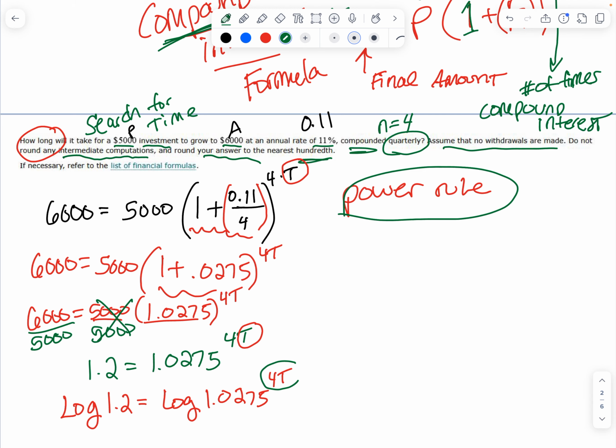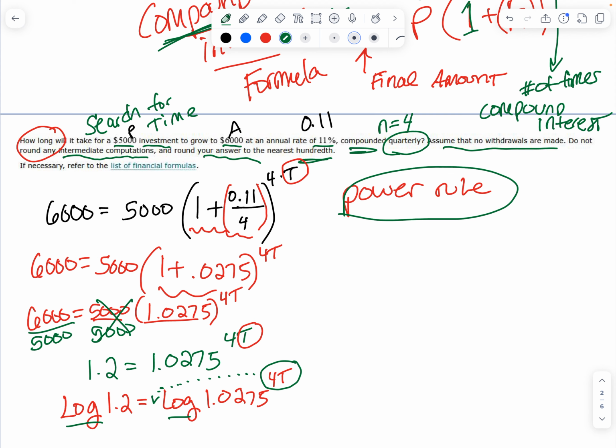The power rule says we can take this up in the power, and I'm going to draw like a little dotted line, and we can bring it down right here in front. That's what the power rule lets us do if you have a log on both sides, which we just gave it. And we get allowed to do that because algebraically, if you do something to one side, you can do it to the other, then you're still equal.